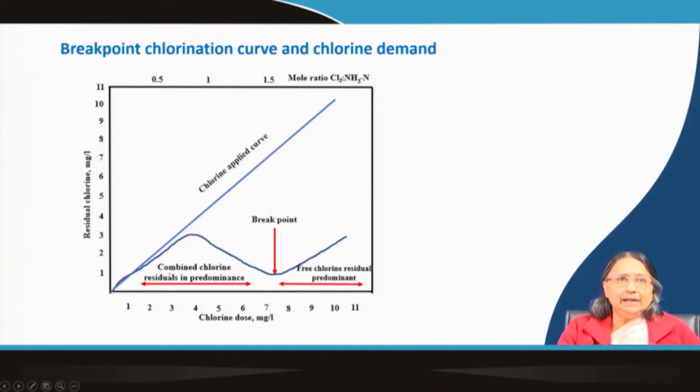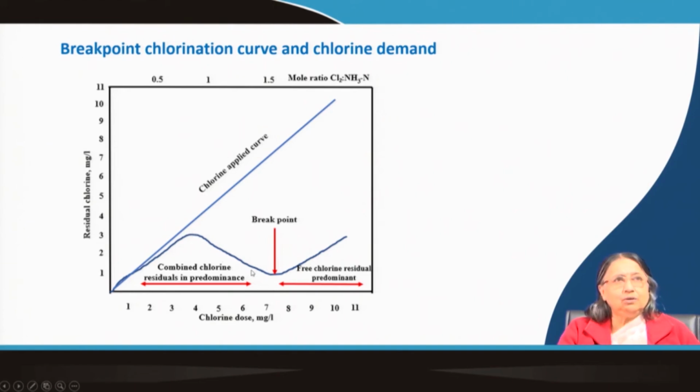In that case we get this type of curve. Why does it increase, then decrease, then increase again? This part is the formation of combined chlorine residual, that is, chloramine formation.